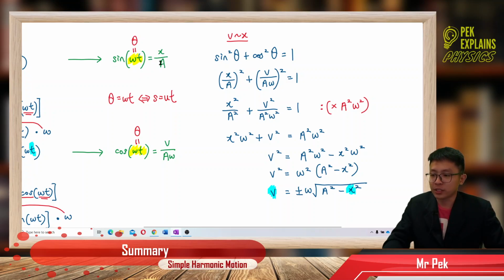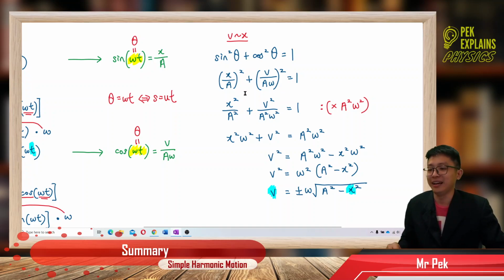Sine theta equal to x over a, I substitute into here, so here becomes x over a square. And then the cos theta, I substitute with v over a omega, so here becomes cos square theta becomes v over a omega square.